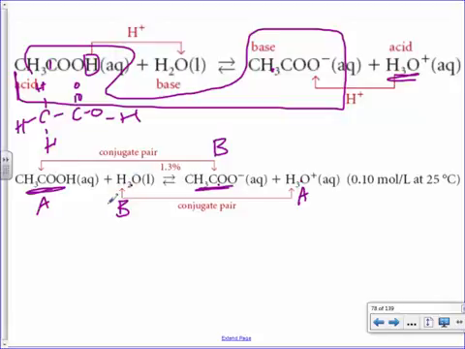And there's this never-ending cycle of hydrogens changing hands. It's like a hot potato, essentially. This guy has an extra hydrogen, gives it to that guy, turns into this one and that one. Well, then this guy right here has the extra hydrogen, doesn't want the hydrogen, gives it away to this guy right here, turns right back to what it started with. That makes sense?